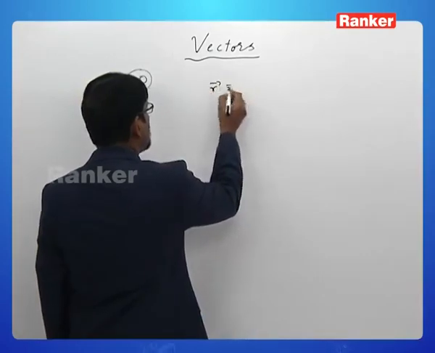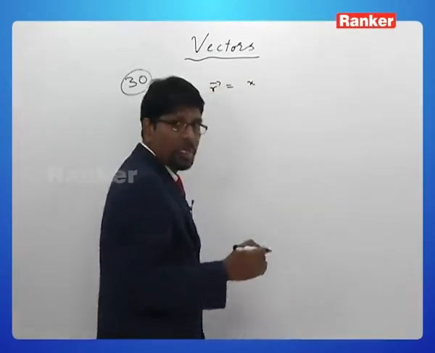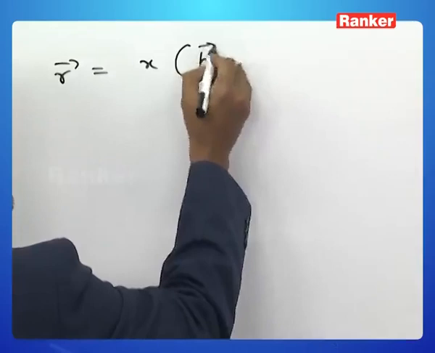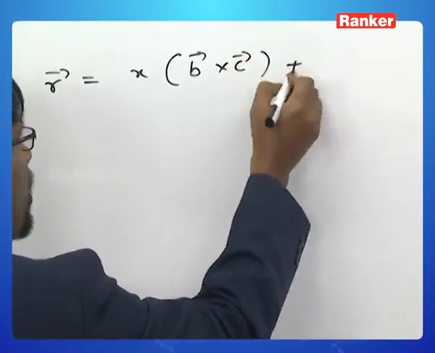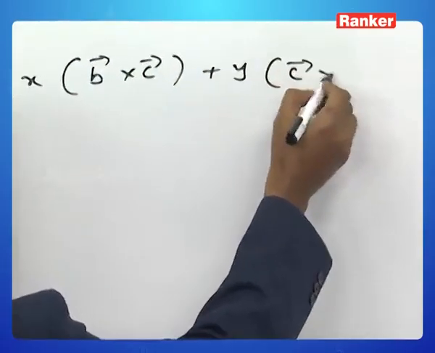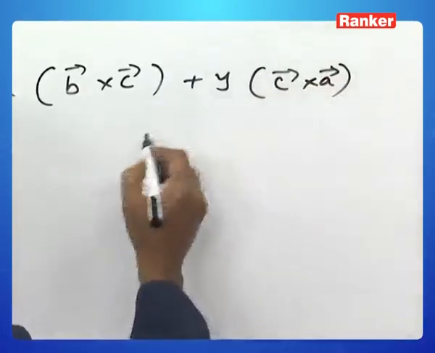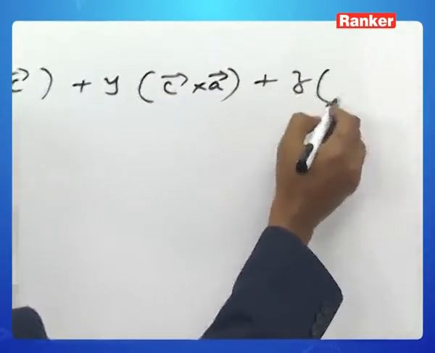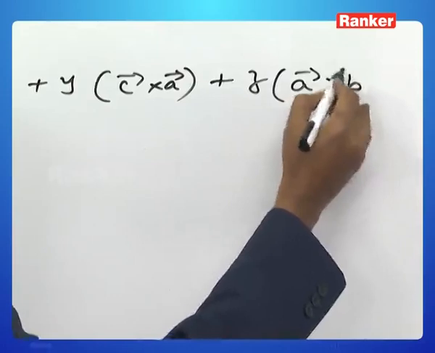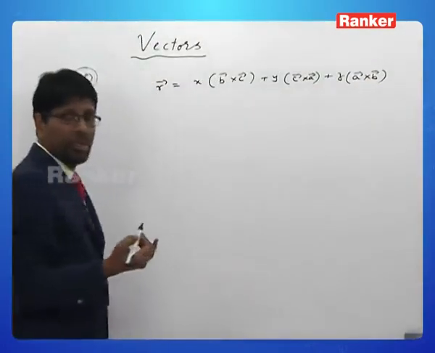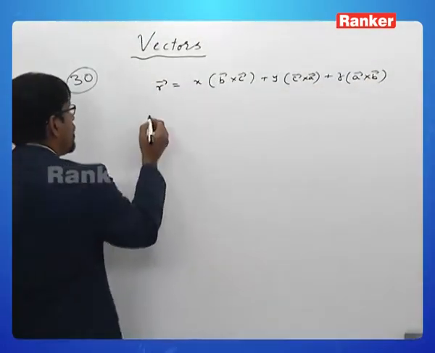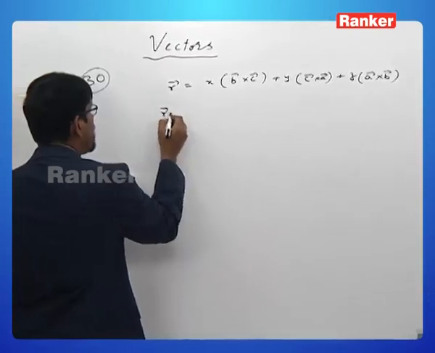Now R bar is given to be x times B cross C plus y times C cross A plus z times A cross B. Now what will be R bar dot A bar?